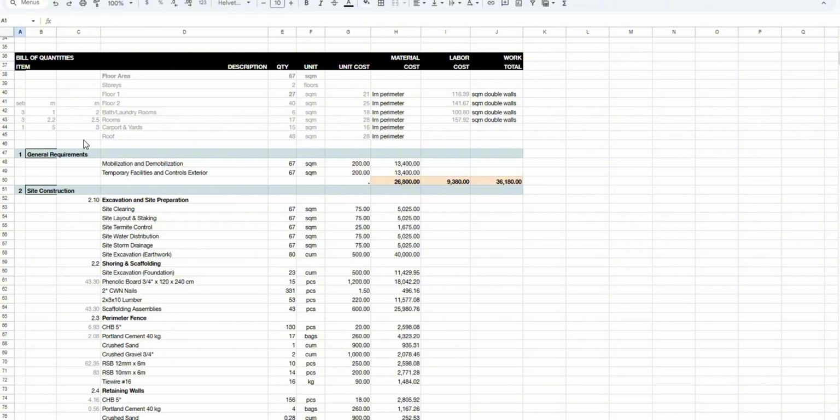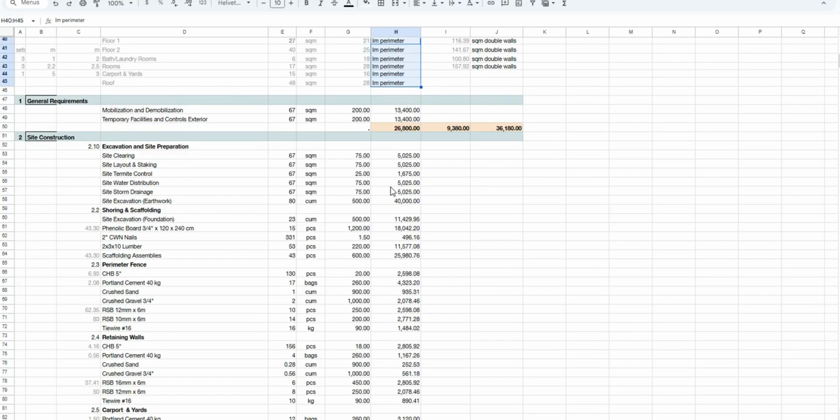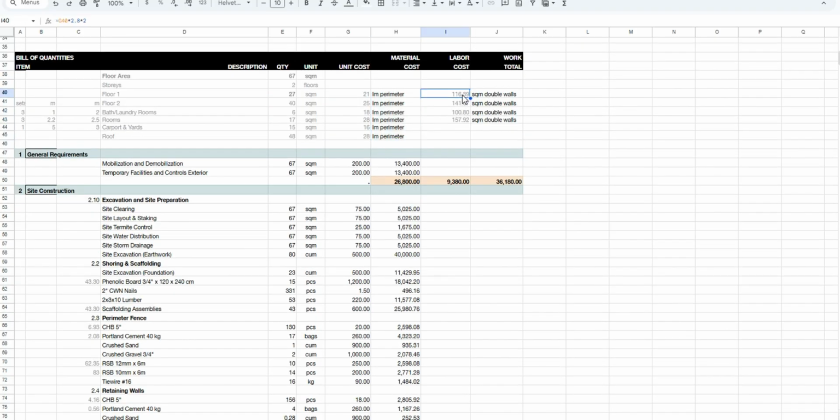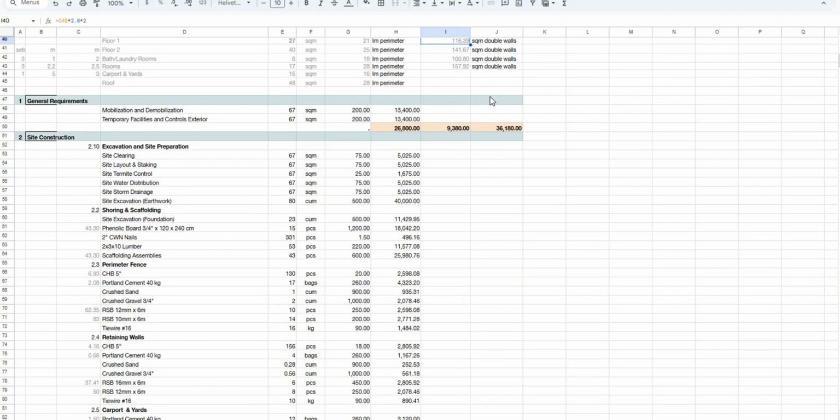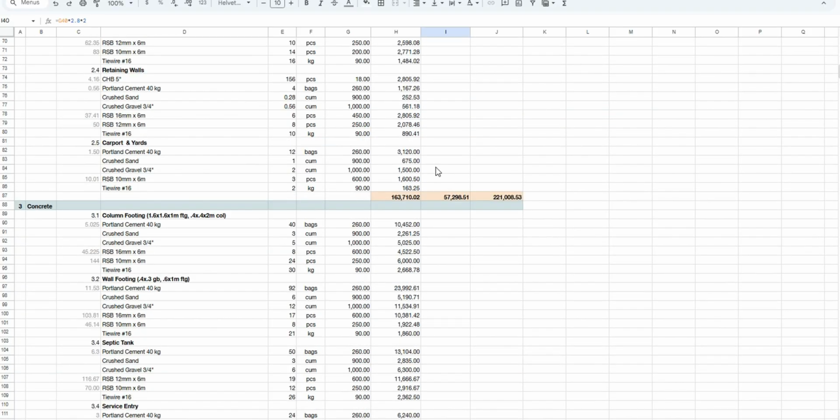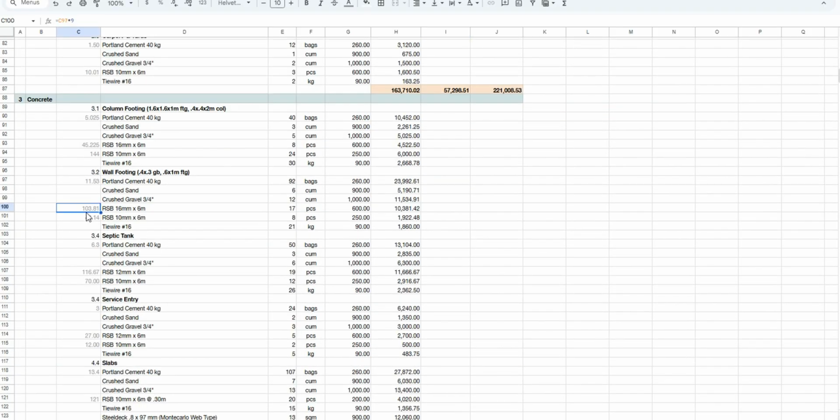For example, in this specific project, we are using steel framing or cold form light gauge steel frame. So I have cost per linear meter. And then, of course, walls have two surfaces, back and front, and then the edges, so we have square meter for double walls.